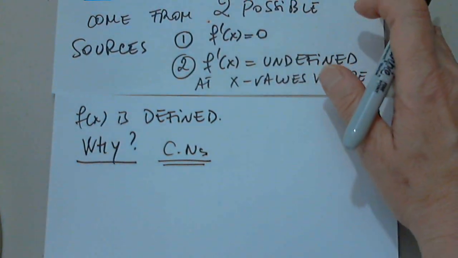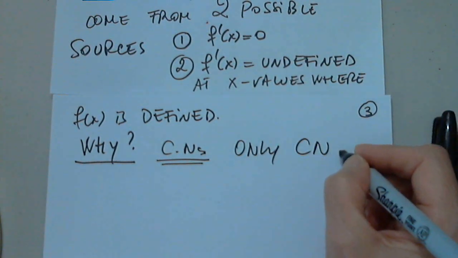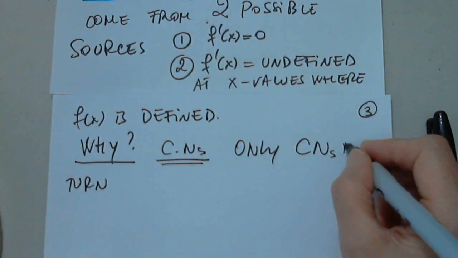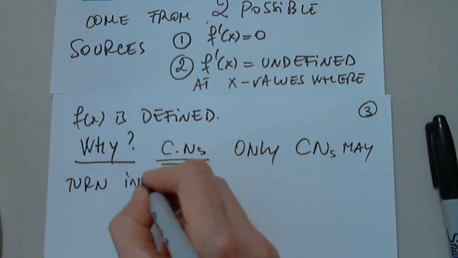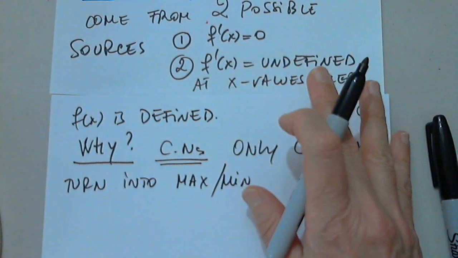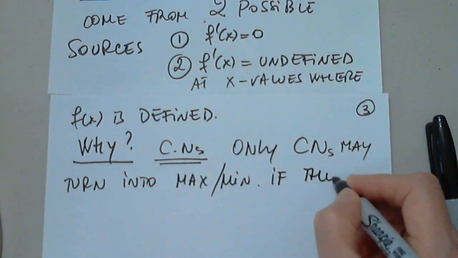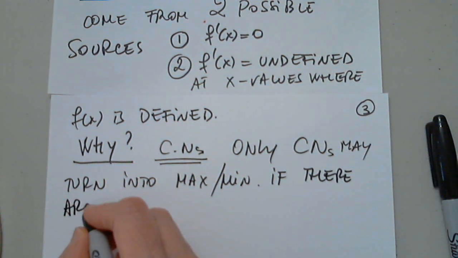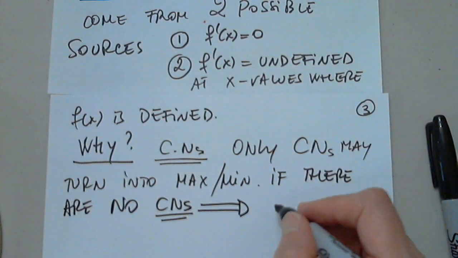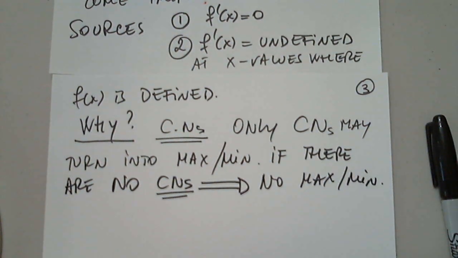Well, I need that because only critical numbers may turn into max or min. In other words, let's spell it out. If there are no critical numbers, immediately we conclude no max or min. Guaranteed.